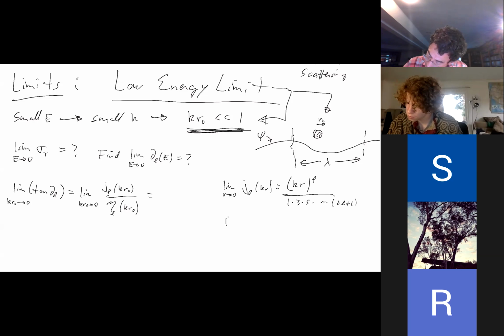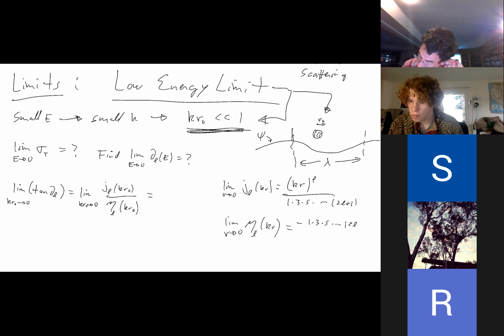This is just stuff that you look up in a book, but it can be useful. And the asymptotic limit of the Neumann function is minus 1 times 3 times 5 times ... times the absolute magnitude of 2L minus 1, all over K times R to the L plus 1.